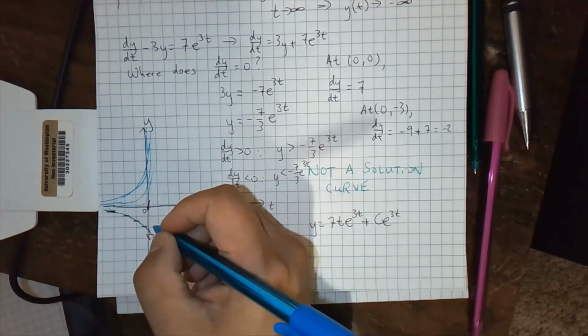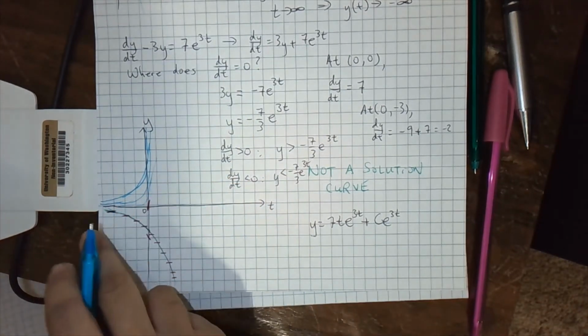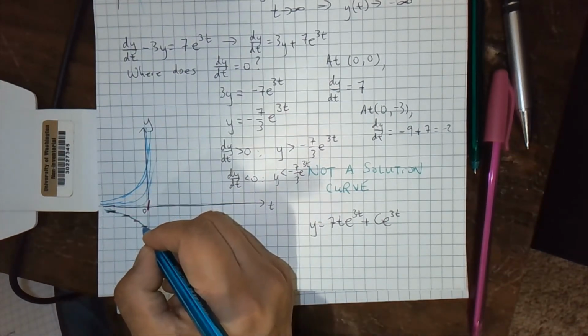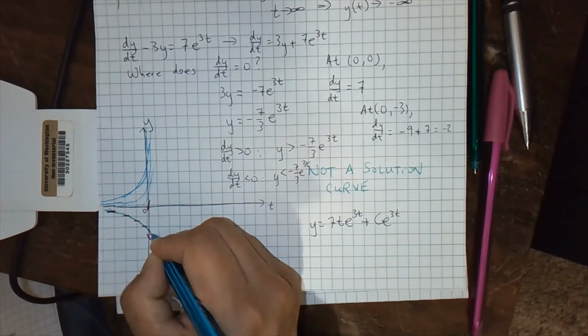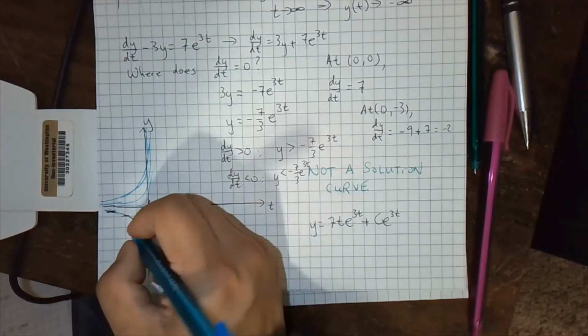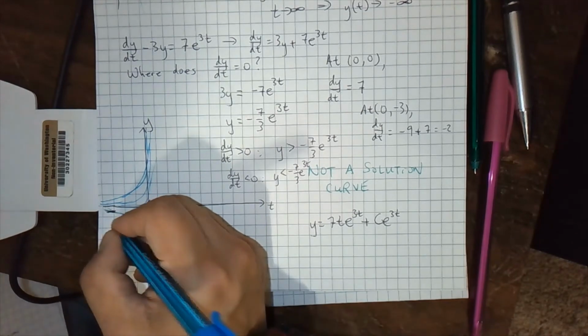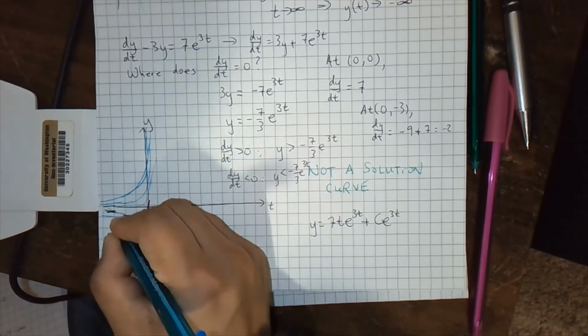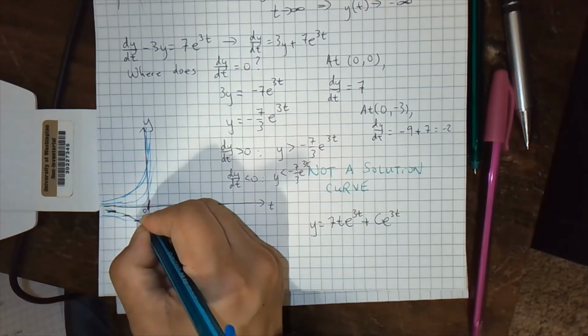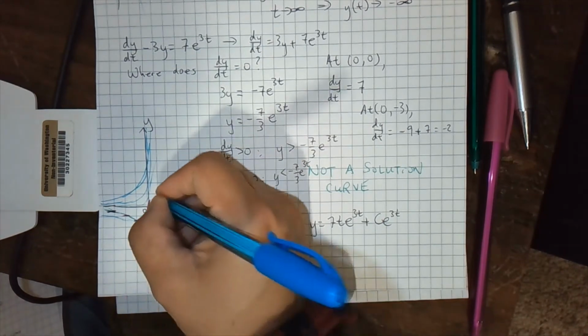And then I need to go through these negative things. So these should always be local maxes or mins, or maybe points of inflection, right? That's when derivatives are 0. So what happens is I get these negative things, and then at some point it goes through here, and then it comes back up.